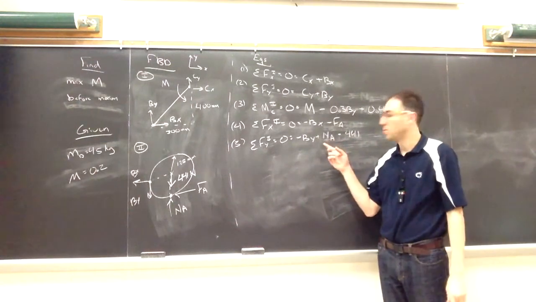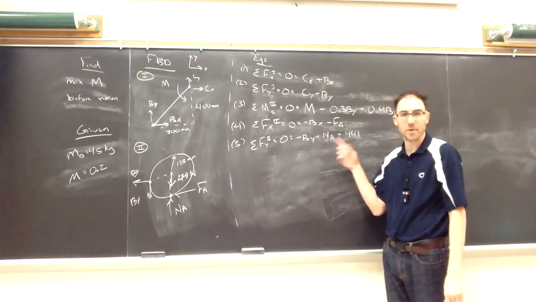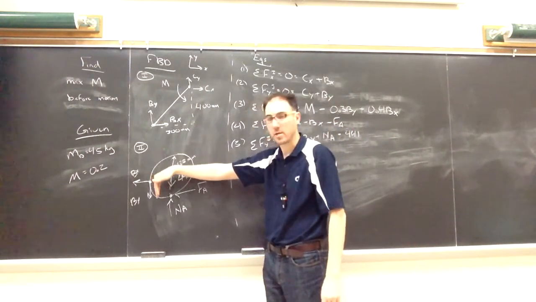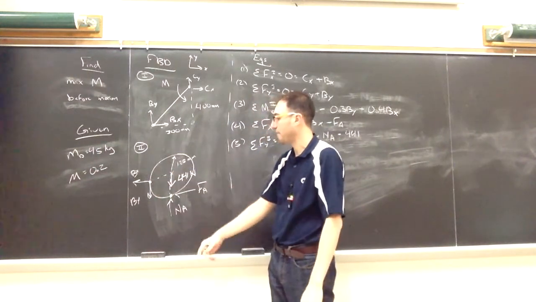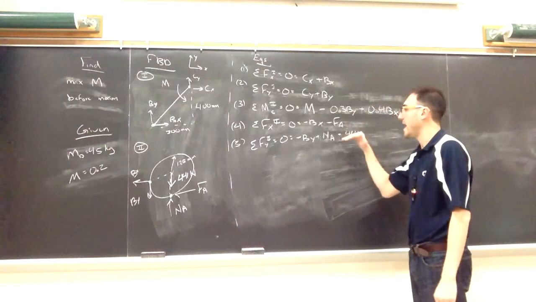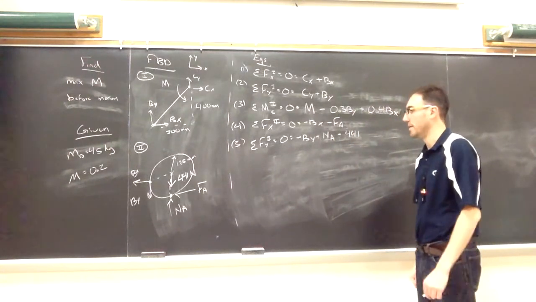Again, here's an instance where the normal force of A is not simply the weight of the disk, because however much that rod is pushing the disk into the ground or possibly lifting it off the ground is going to affect the value of that normal force. So Na is not going to be 441 newtons.